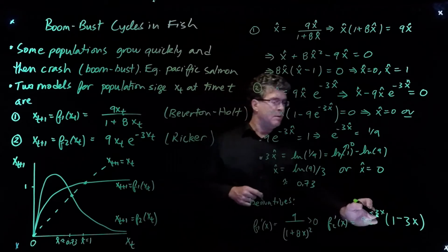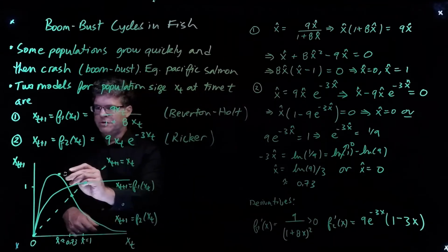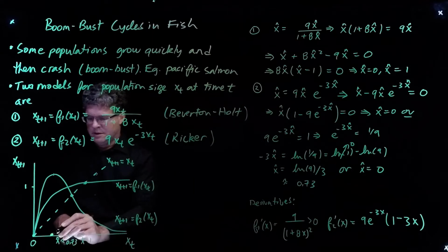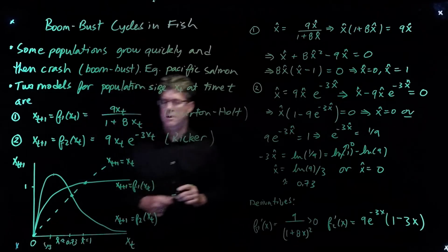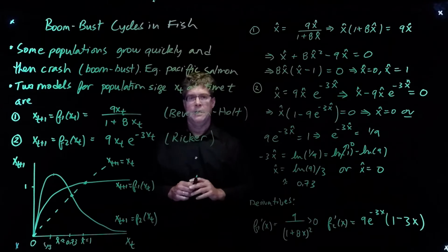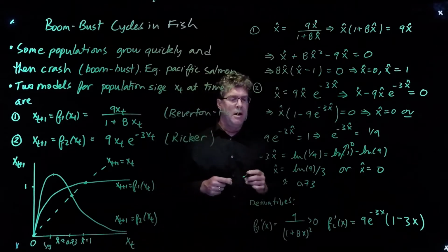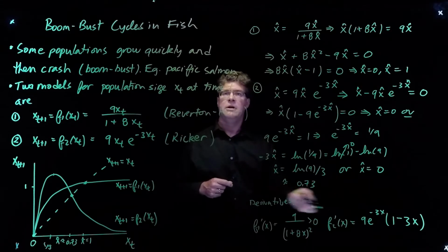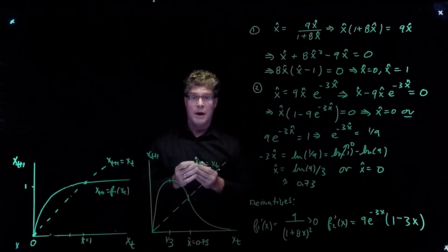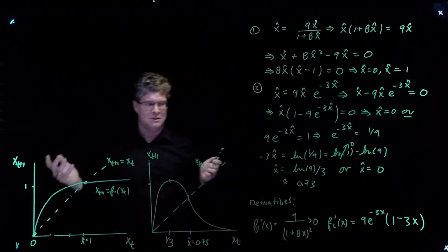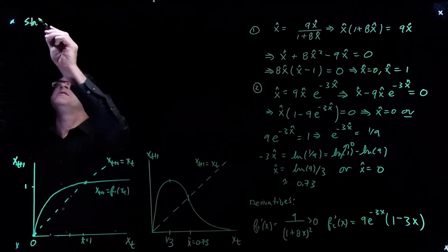The maximum comes right at the point where x equals a third, and so this point right here is 1/3. The next step is to take the values of each of the equilibria and put them into the appropriate derivative to calculate the stability condition. Okay, let's go ahead and evaluate the stability conditions. The stability condition is as follows.